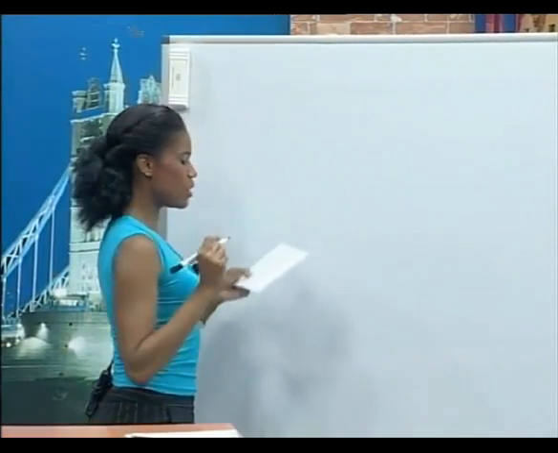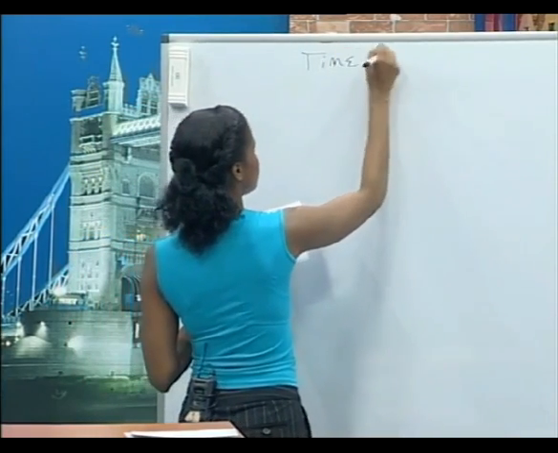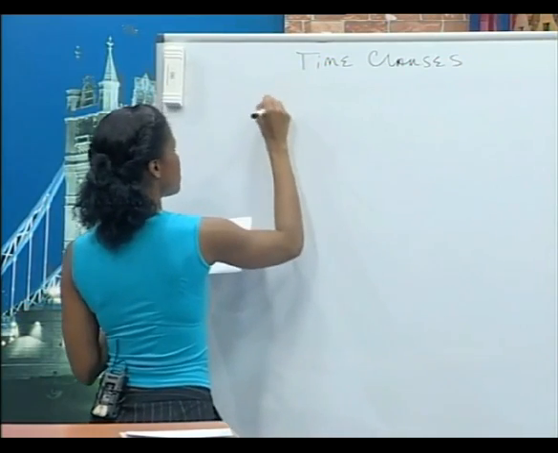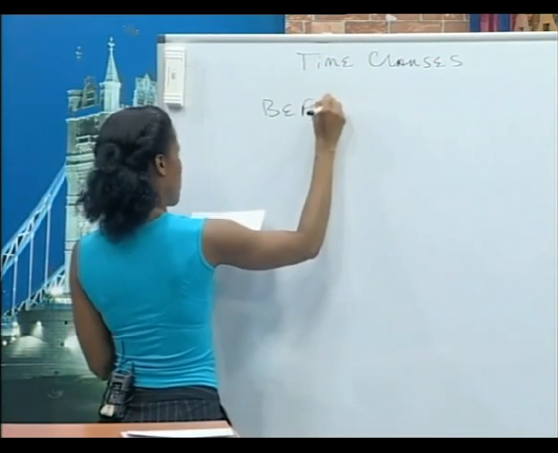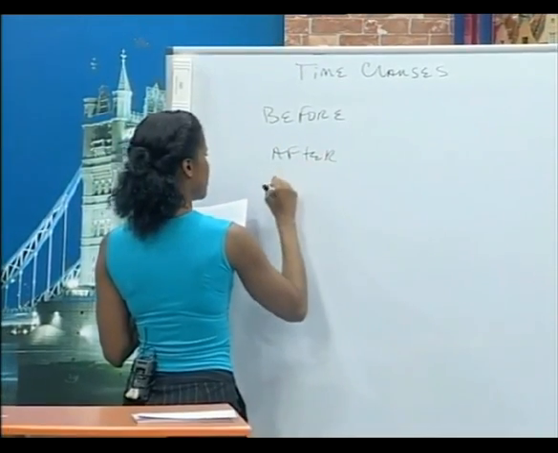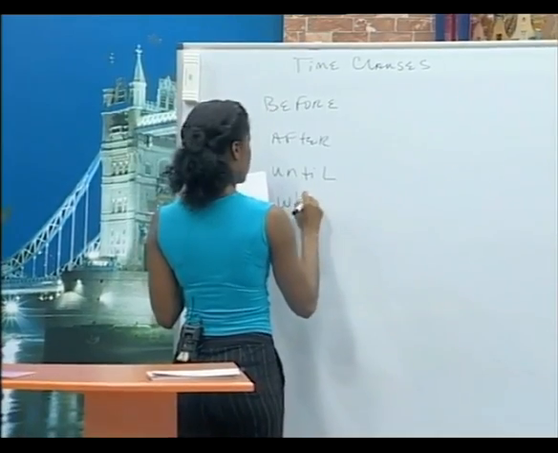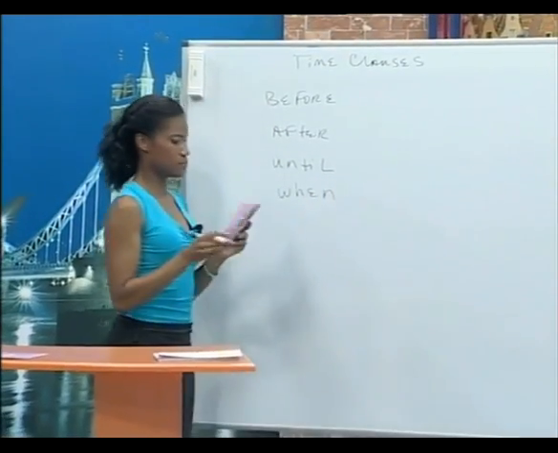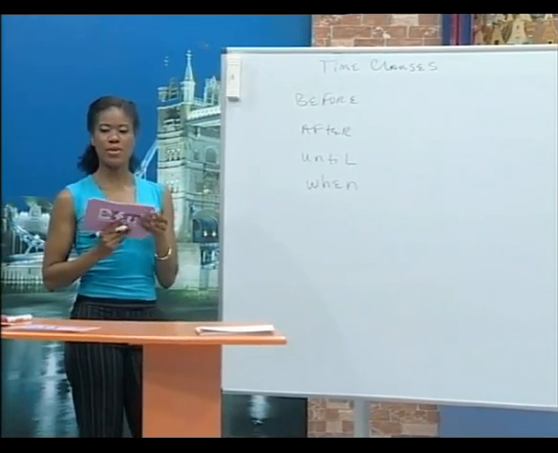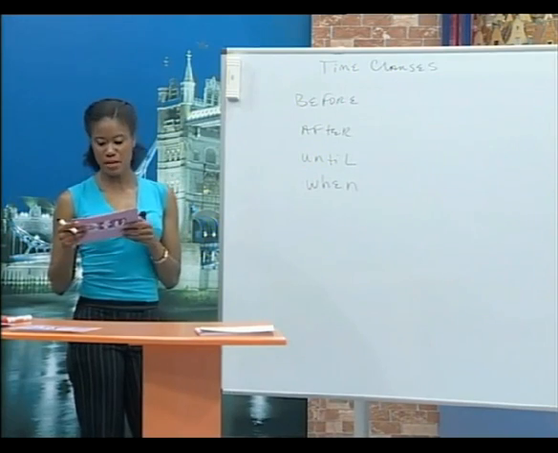Here are some words that can start time clauses. Okay? Time clauses can begin with before, after, until, or when. So if a sentence begins with a time clause, there must be a comma after the time clause.